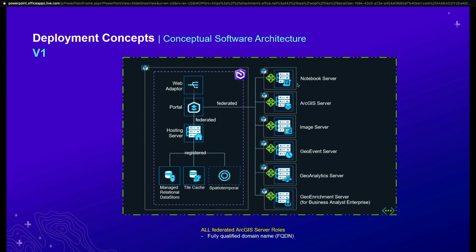And then you had additional deployments or sites for each of the server-based roles. It could be a notebook server, a general purpose ArcGIS Server, an image server, GeoEvent, GeoAnalytics, or GeoEnrichment. What's key to understand in this diagram is each of these sites was behind a load balancer, which was associated with a public IP that had its own fully qualified domain name. In other words, each one of these sites was accessed using its own fully qualified domain name or host name.